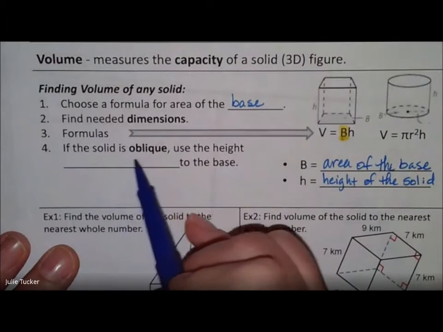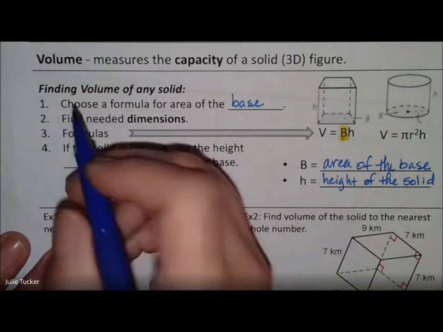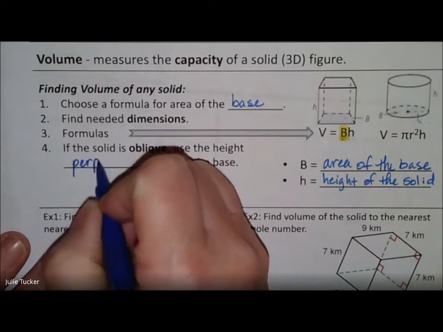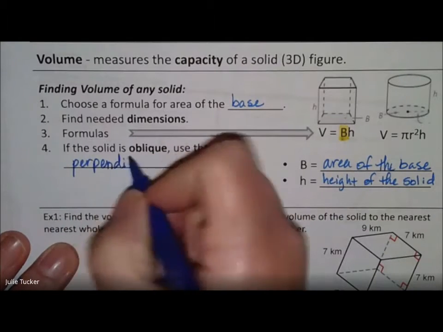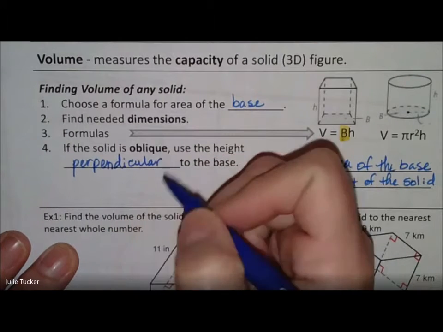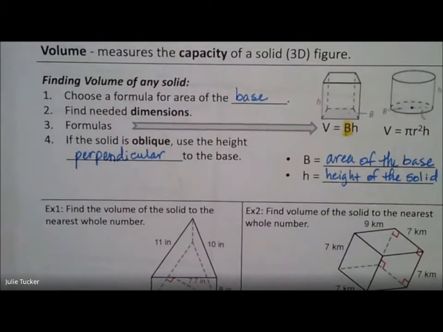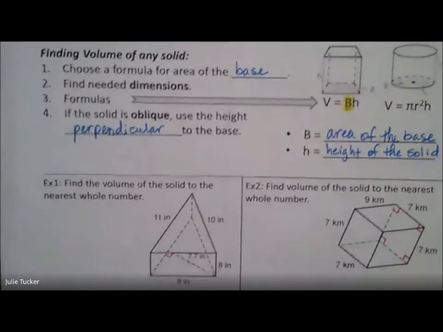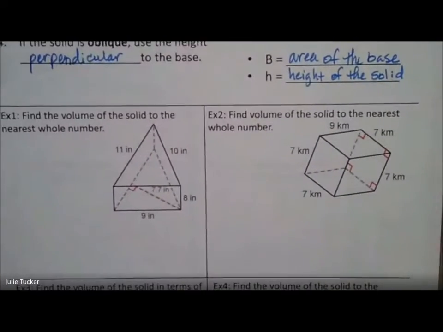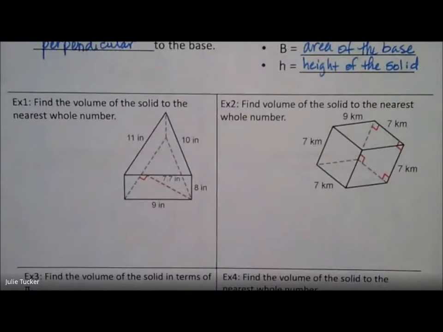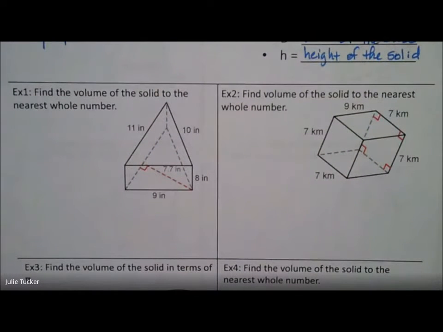And if the solid is oblique, use the height perpendicular to the base. We're not going to do any oblique ones, but an oblique one looks like it's leaning. So maybe I can show you a picture of one of those another day, but I don't have any on these notes.